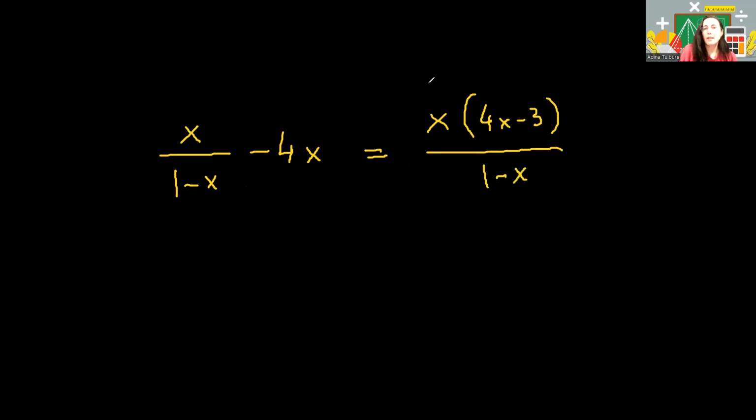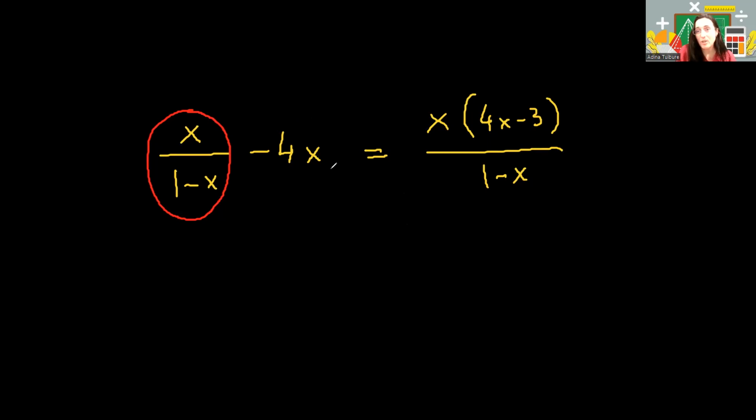Okay, right, so let's look at that. You have a fraction here, taking away this term. This term is 4x over 1. So we need to have the same denominator. What I'm going to do here, I am going to amplify this 4x over 1 by 1 minus x.